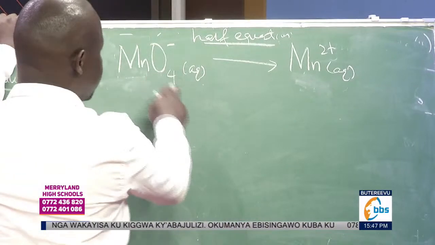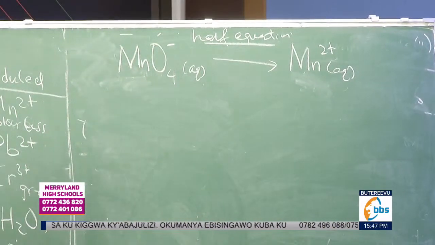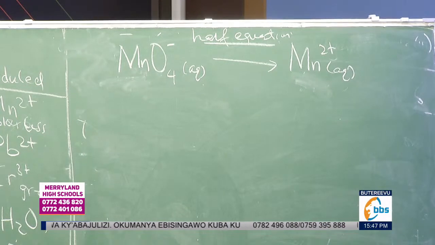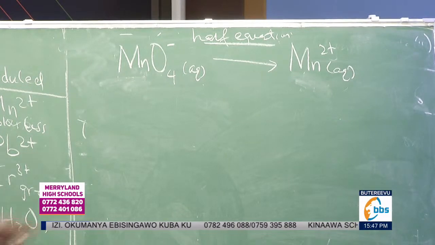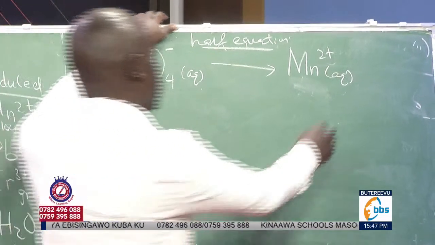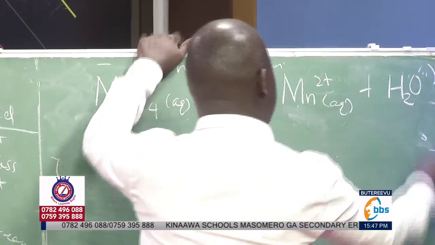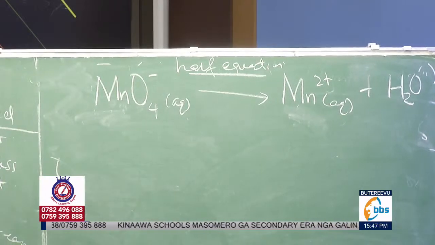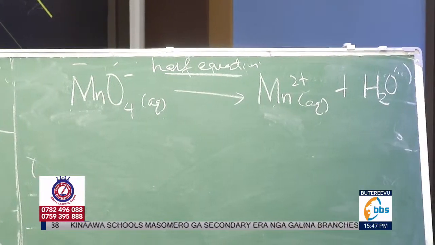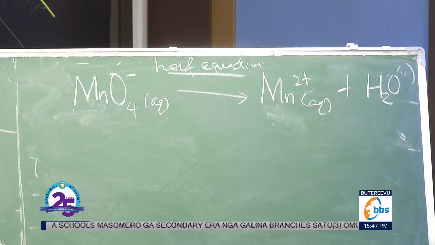So there are 4 atoms of oxygen. Now when you're balancing oxygen, you introduce water molecules to balance the oxygen atoms. Since there are 4, we say plus water. But after putting water, ask yourself, how many molecules of water do we need to balance the atoms of oxygen?